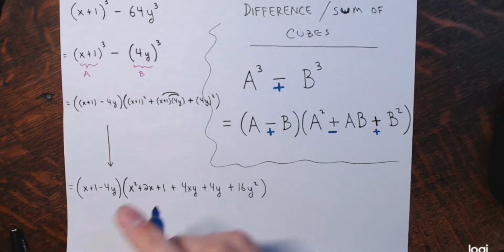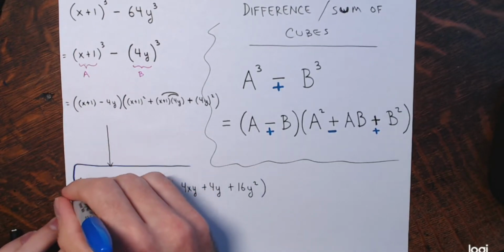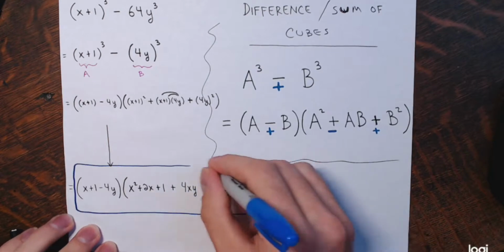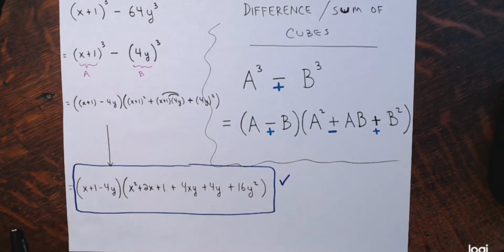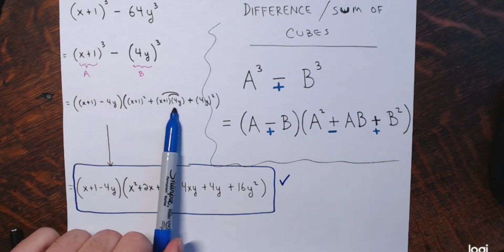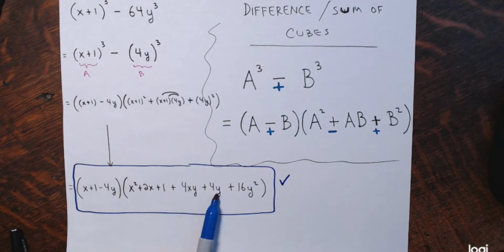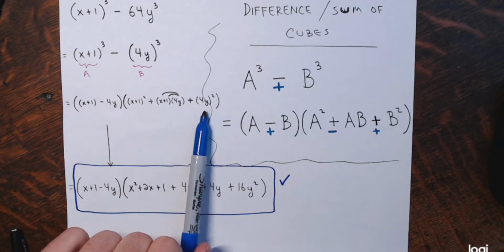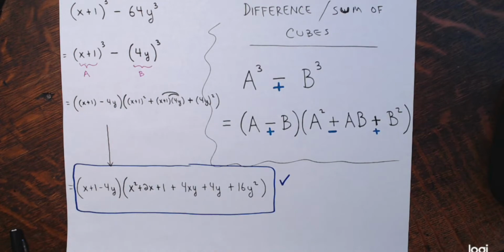This is a pretty long one, but this is it. This is the first factor, x plus 1 minus 4y. The second factor is this, x plus 1 squared, or x squared plus 2x plus 1, plus then 4y times x plus 1, which would be 4xy plus 4y, and then plus 4y squared, which would be 16 times y squared. All right, so I'm going to type all this out.